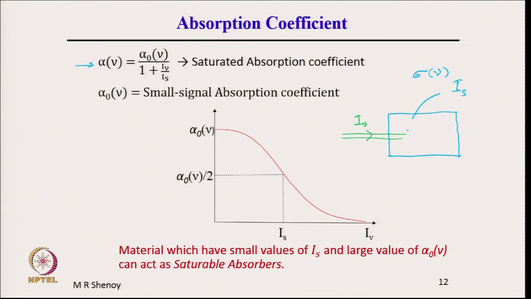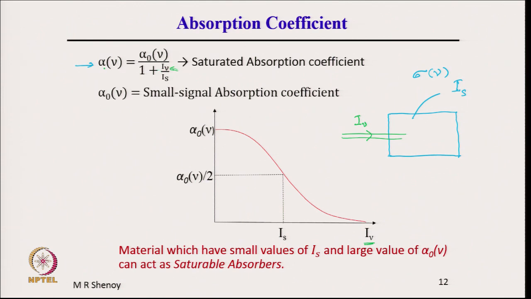but the absorption by this material will depend on the intensity I_nu. That is what is being discussed here. So, what we have plotted is I_nu, the intensity of the radiation, versus the absorption coefficient. When I_nu is very small compared to I_s, we can neglect it in the denominator.